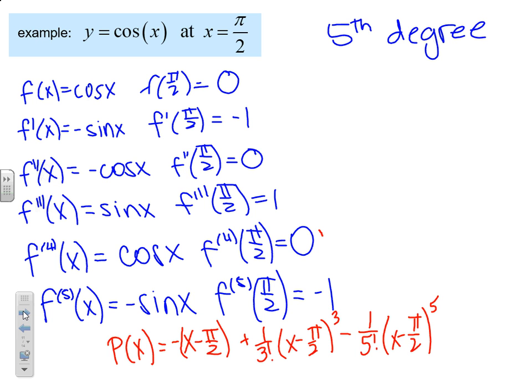Now, here there's no reducing that you need to do. You can leave them as 1 over 3 factorial, 1 over 5 factorial, or you can write them as 1 over 6 and 1 over 720. Yes, 720. Sure. It is up to you whether you want to reduce or not.